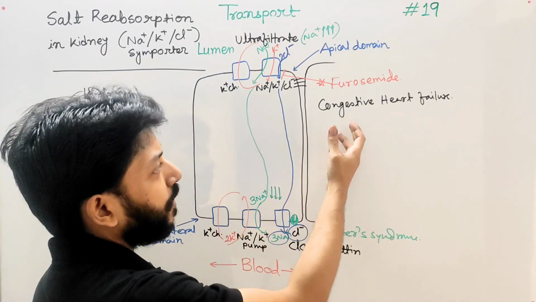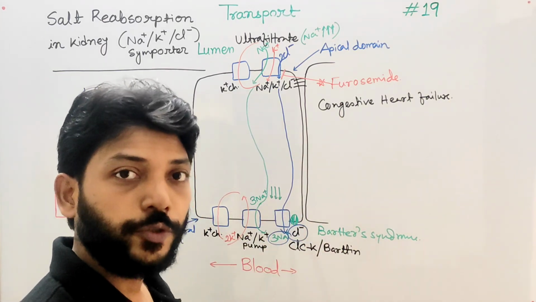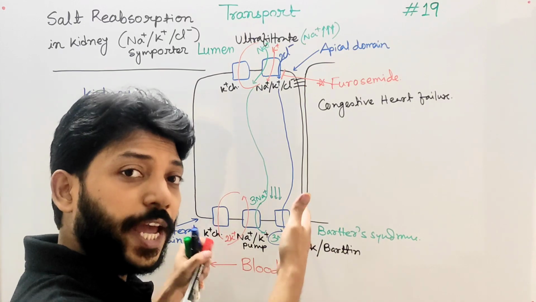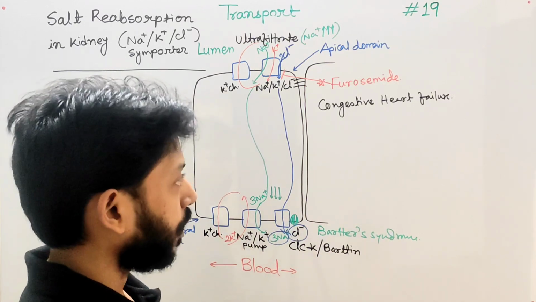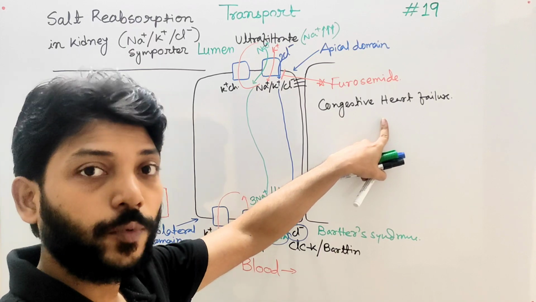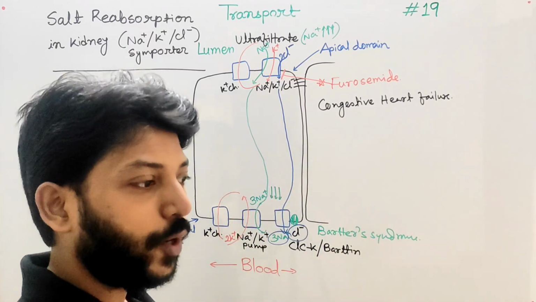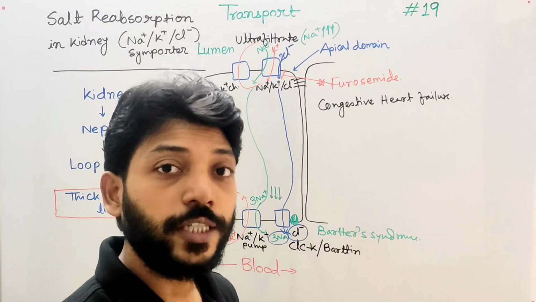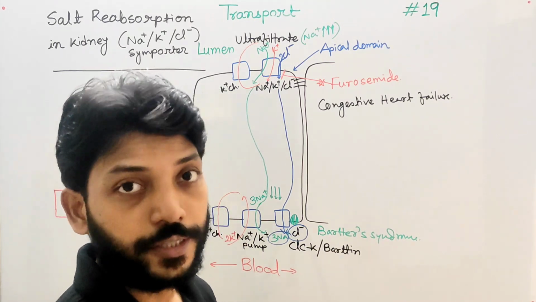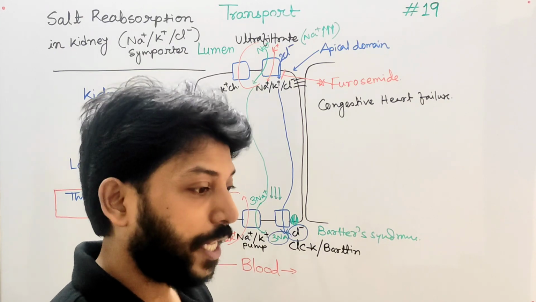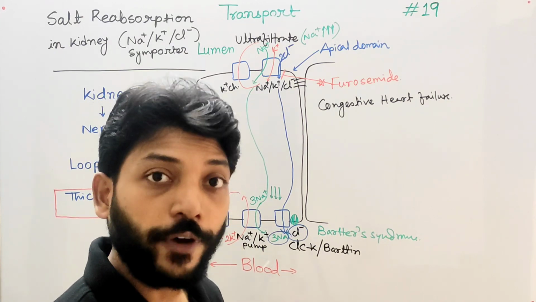So why is furosemide used in congestive heart failure? It acts on the kidney cells or epithelial cells, but it relieves the symptoms of congestive heart failure. Basically what happens during congestive heart failure, a weak heart leads to accumulation of fluids in the body, like in the lungs, so it causes shortness of breath, and in the body, like swelling of ankles.